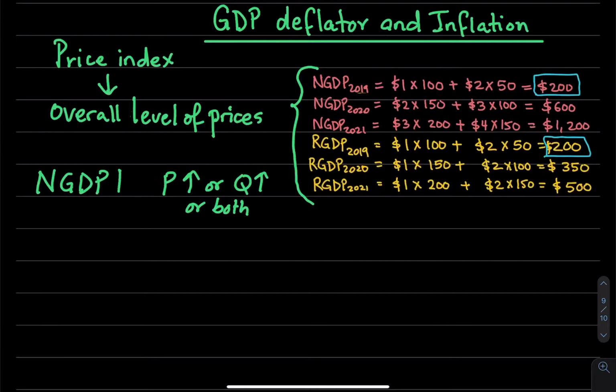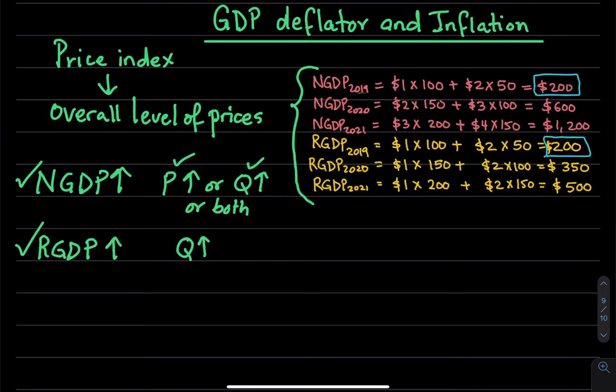But real GDP only goes up when quantities produced of one good or the other or both go up. So from these two statistics, nominal and real GDP, we can calculate a price index which reflects what is going on with the price level.